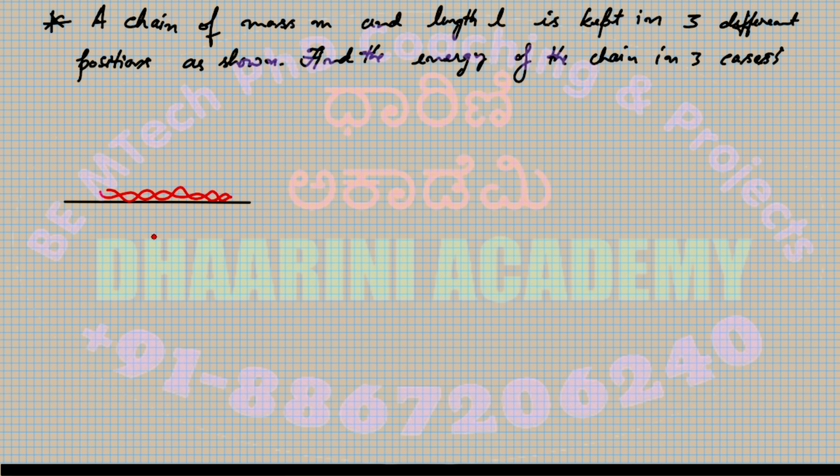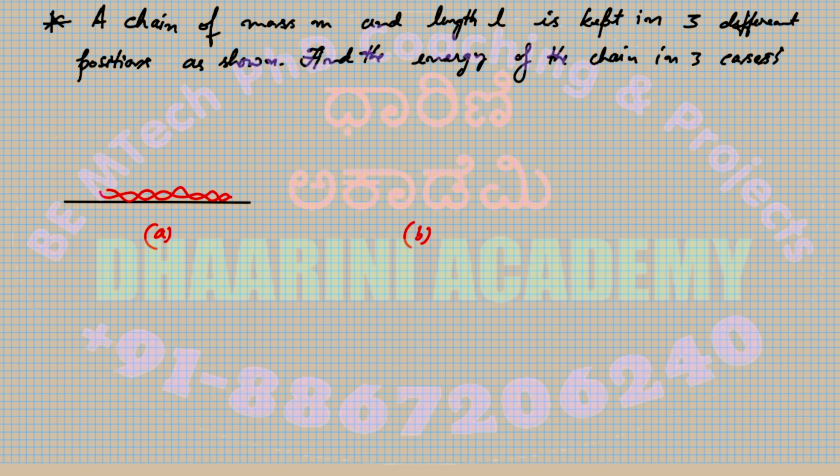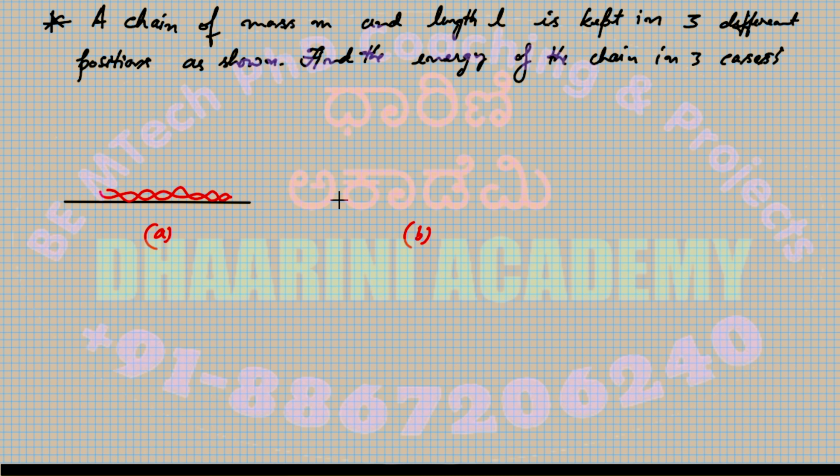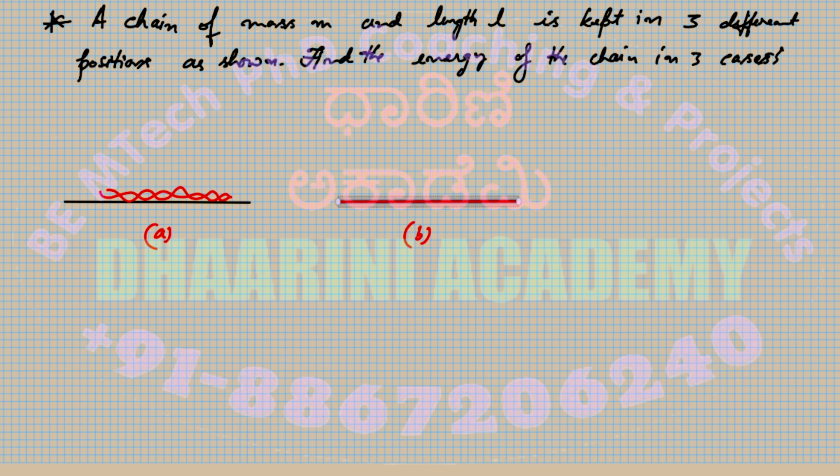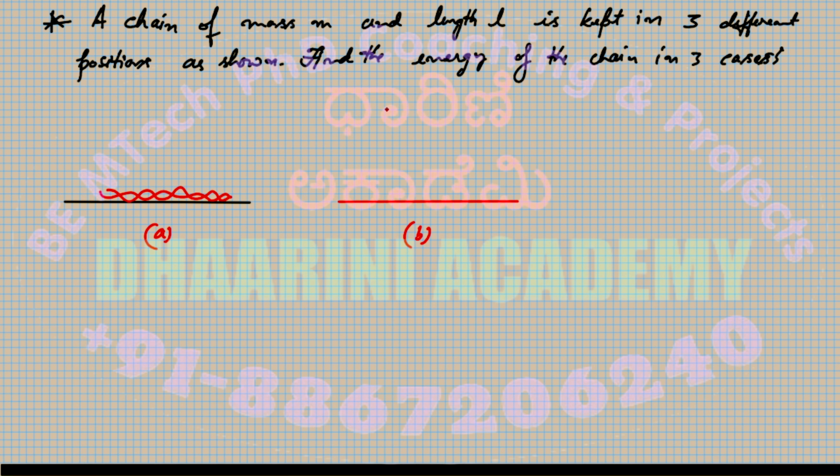Okay, that is part A. Then we have part B. This is ground position and the chain is placed somewhere here. Okay, and this height is given. So this height is h.